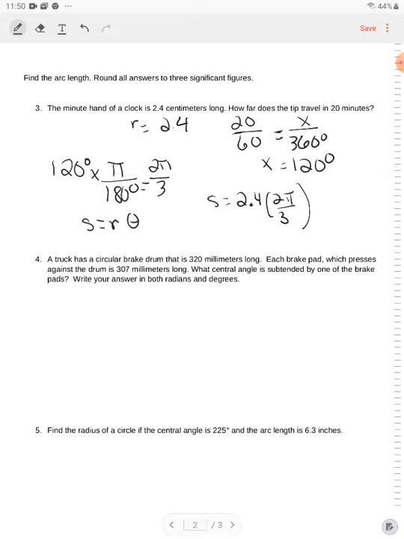Now, if you notice, it asks us for 3 significant figures. So the exact value would be 1.6 pi, and it is in centimeters, okay? Which is approximately 5.03 centimeters.